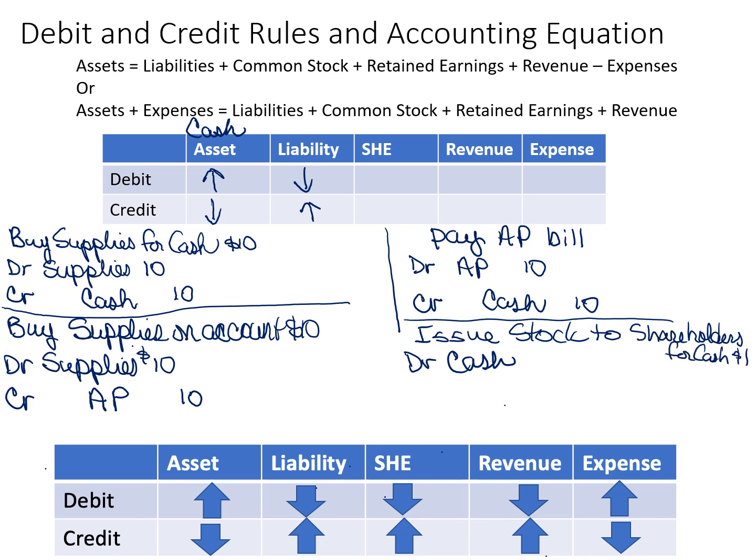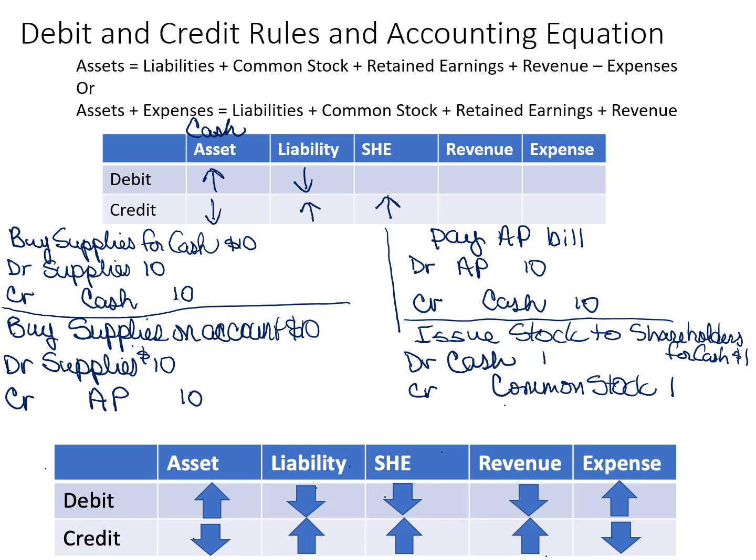So I'm going to debit cash $1, because my cash is increasing because I've received cash from my shareholders. And I'm going to credit common stock $1 because my stockholders' equity is also increasing.